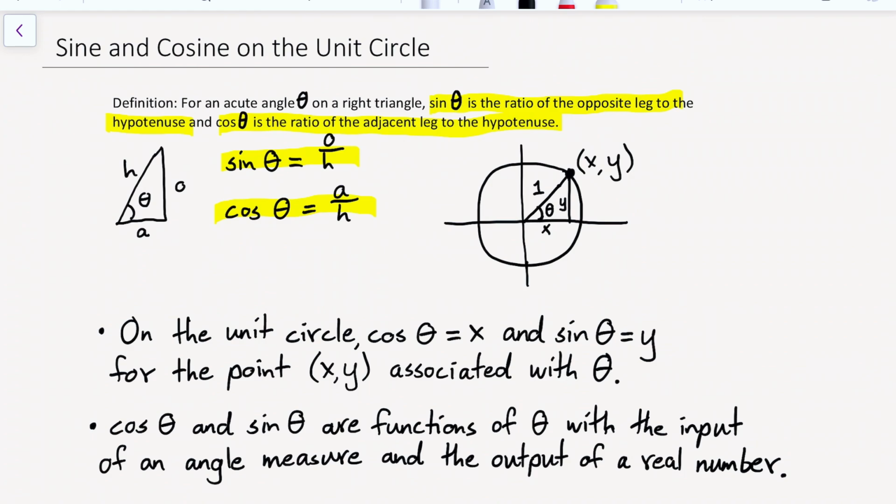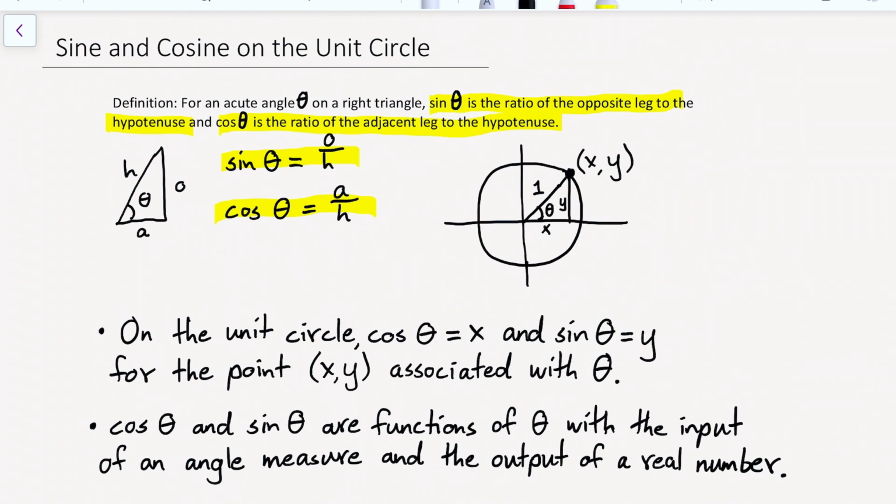Now what does this look like on the unit circle? I want to imagine drawing an angle theta on the unit circle. It corresponds with some point x, y that lies on the circle. Now the unit circle has a radius of 1.